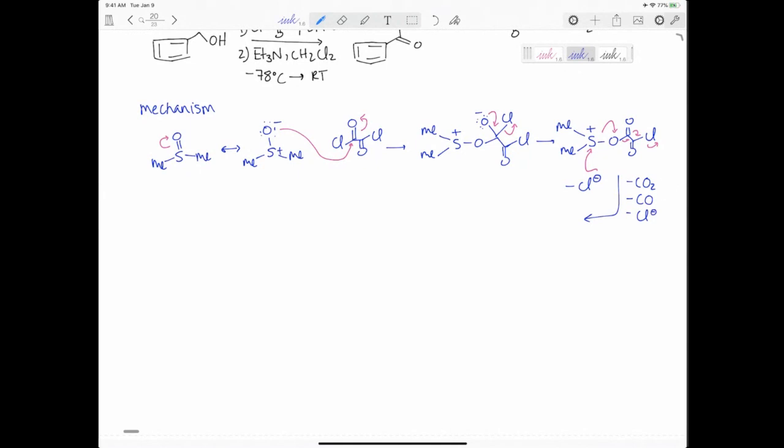All these gases except for the chloride boil away. They're just gases, right? And what you're left with, which is the next key step, is your chlorosulfonium ion.